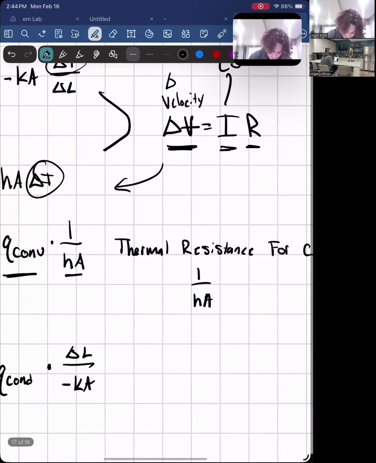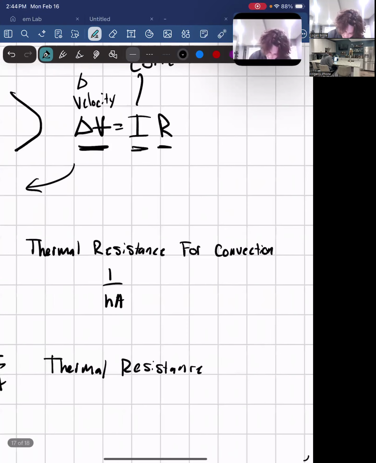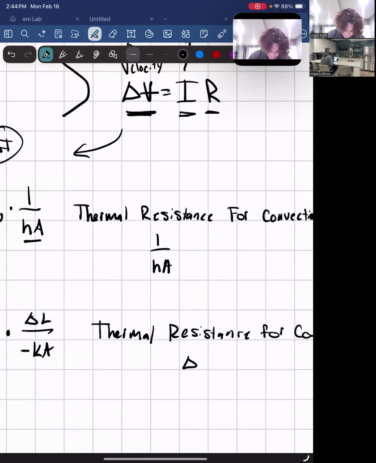So our thermal resistance for conduction is our delta L over negative KA, right?